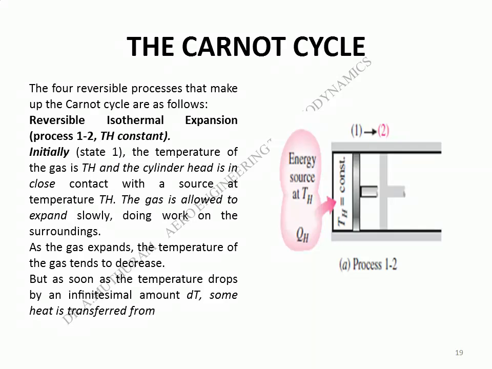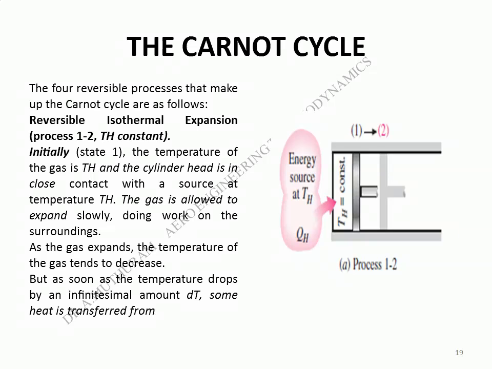Reversible isothermal expansion, process 1 to 2, TH constant. Initially, state 1. The temperature of the gas is TH and the cylinder head is in close contact with the source at temperature TH. The gas is allowed to expand slowly, doing work on the surroundings.